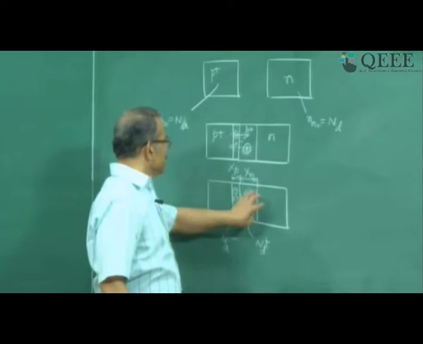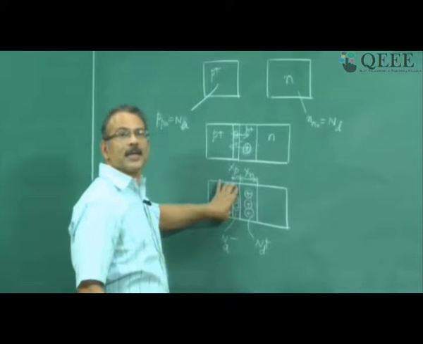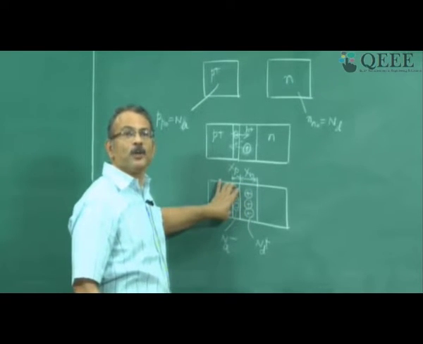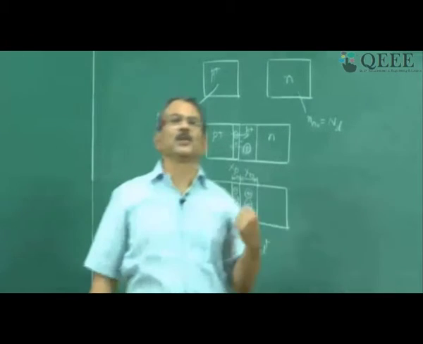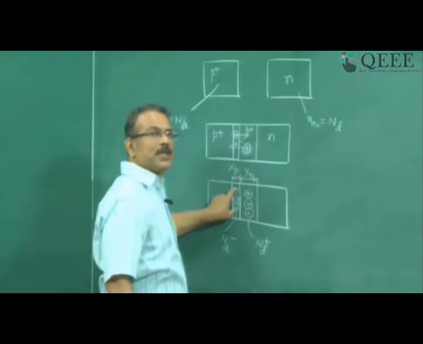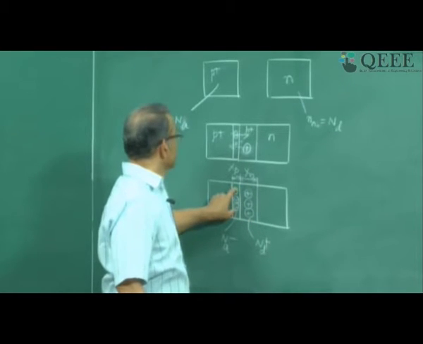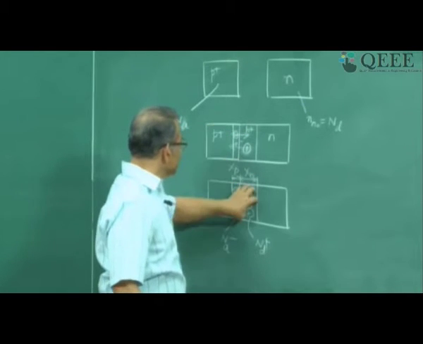Now you know that the charge on the right hand side should be equal to charge on the left hand side in magnitude, they are of opposite polarity. Why? Because every positive charge will need a negative charge to terminate. Now the total charge here should be equal to the total charge here, but doping here is less as compared to doping here, and the charge is because of doping.